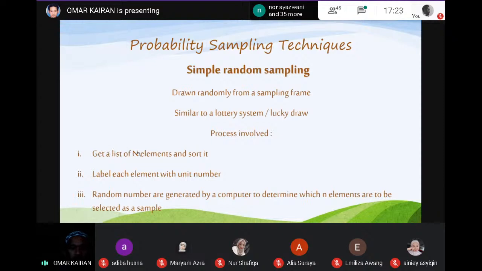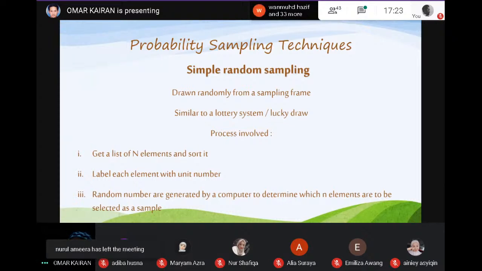Get list of n element and sort it. You can sort, ikutlah sort ikut apa. Then label each element with unit number. So you can macam betul-betul lucky draw lah. So everyone get the number and the name. Setiap they have the assigning name and their numbers.